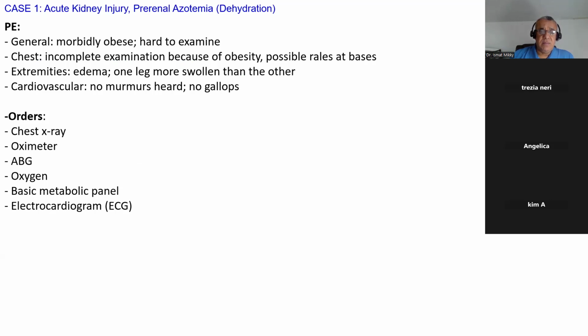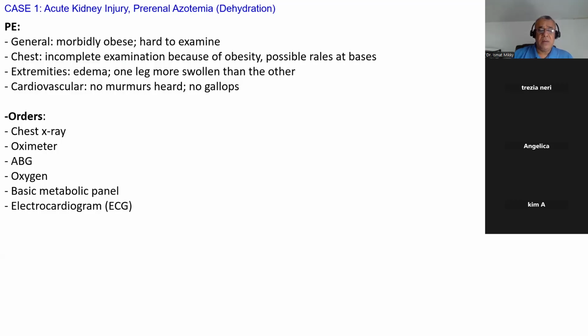Physical exam: morbid obesity, rales in both lung bases, edema with one leg more swollen than the other, and no cardiovascular findings, no murmurs, no gallops.